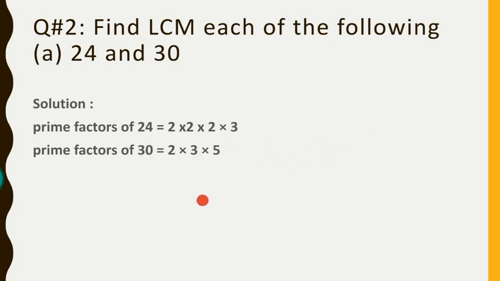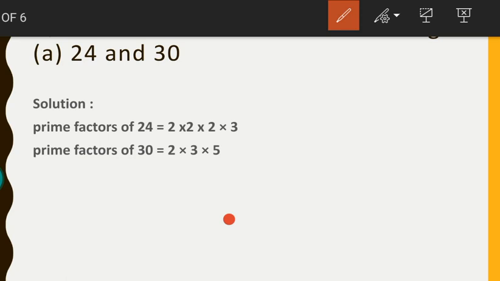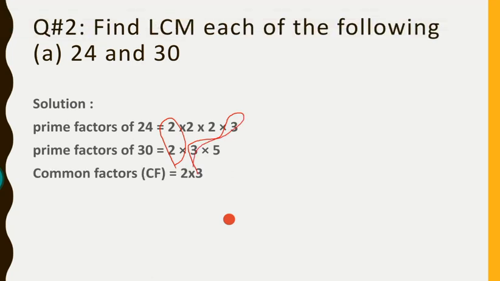And next prime factors of 30 is 2 into 3 into 5. Okay, so what are the common factors? 2 and 3. Okay, so the common factors are 2 into 3 and you can say that CF. Okay, and what are uncommon factors?